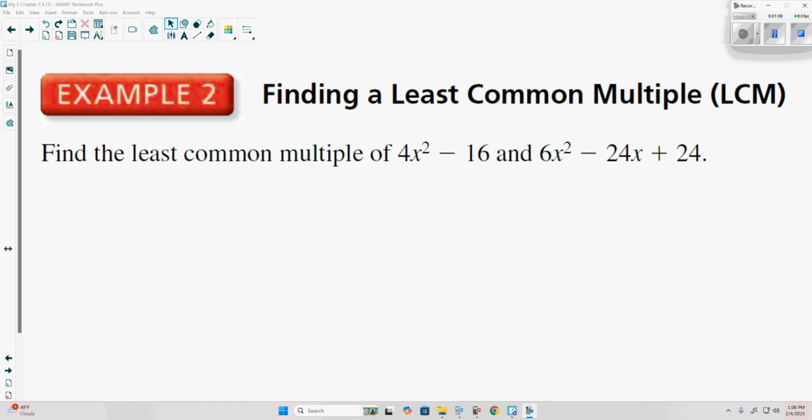Here, 741. So today we're finishing up the notes, and then we'll finish the note sheet tomorrow.